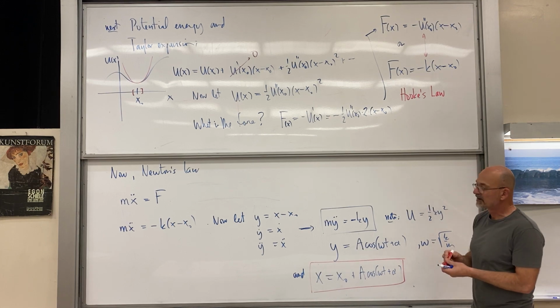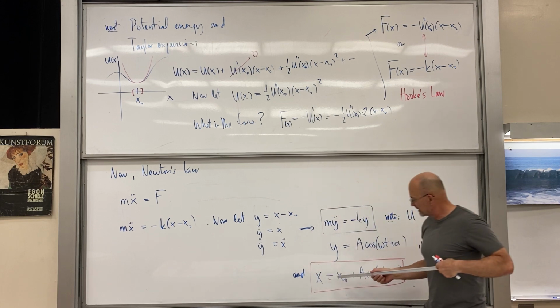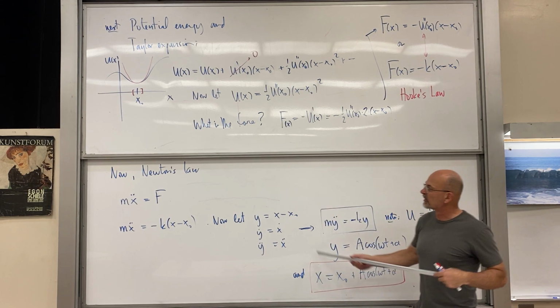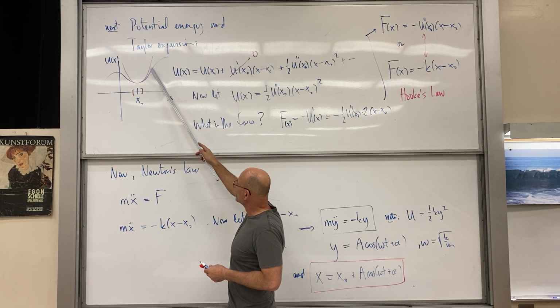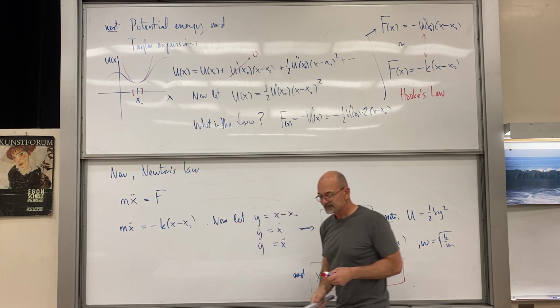So we've just shifted, we just have harmonic oscillations, and they've been shifted to happen around x0, which of course makes total sense because that's that parabolic potential right around x0.